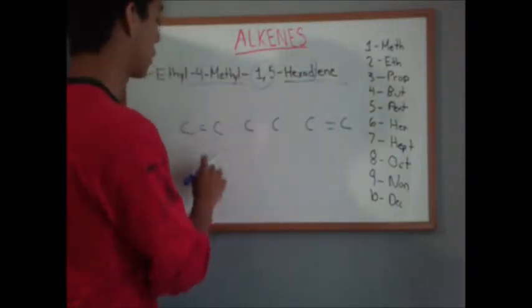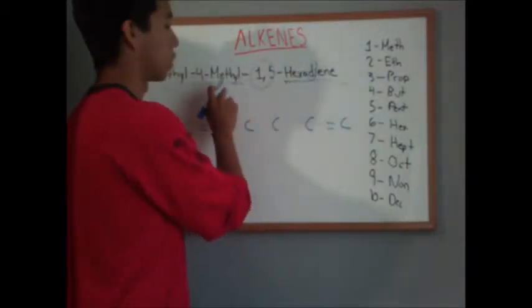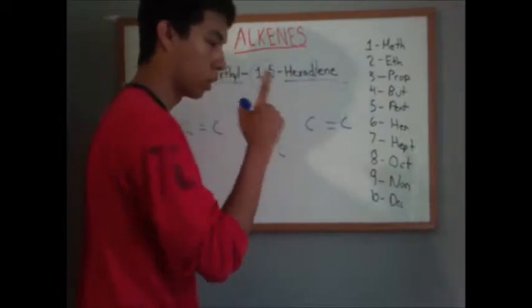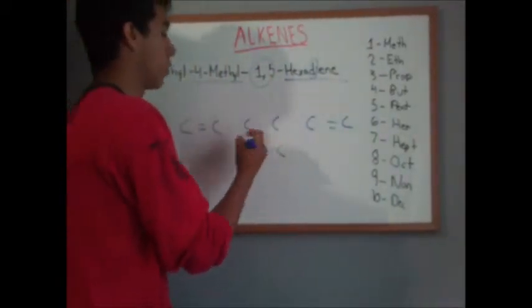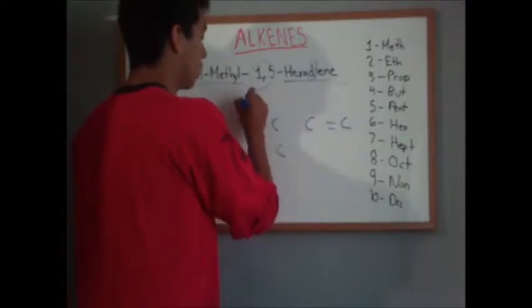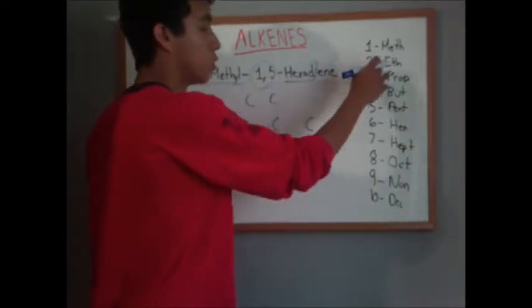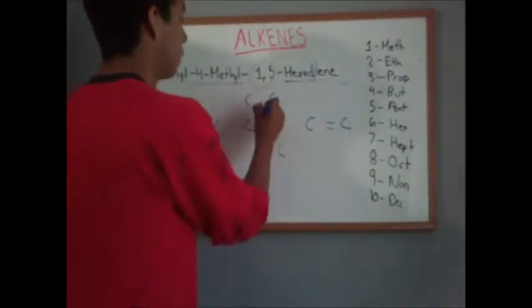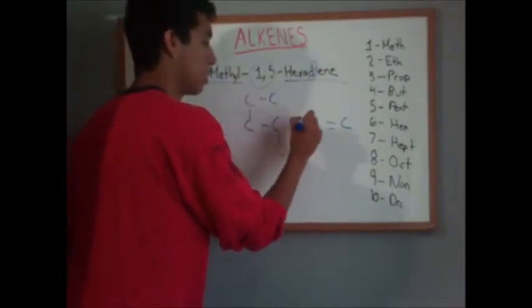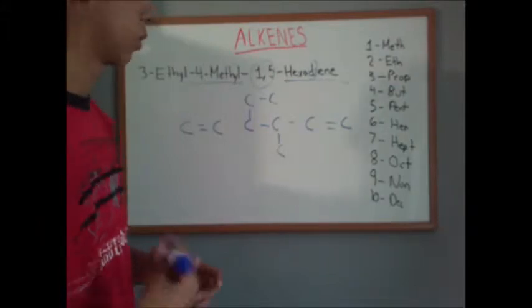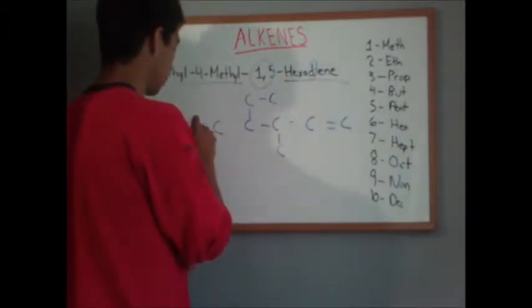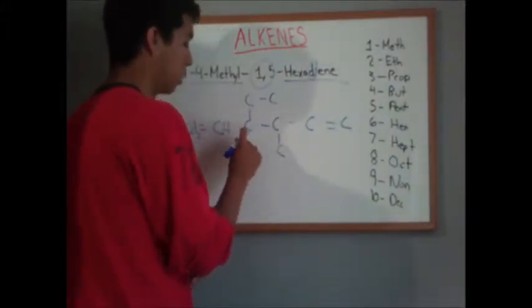In the 4 carbon, 1, 2, 3, 4, is 1 methyl, 1 carbon, and the third carbon is the ethyl. 1, 2, 2 carbons. This is bonded to this, so it's not from here. And then we put the hydrogens, and it's going to be H2.